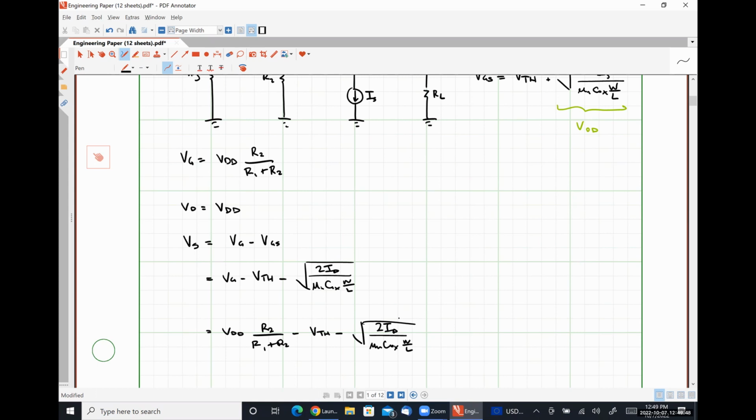We have all of the different possible DC biasing voltages that we need to figure out what our small signal parameters and all that kind of stuff are going to be.